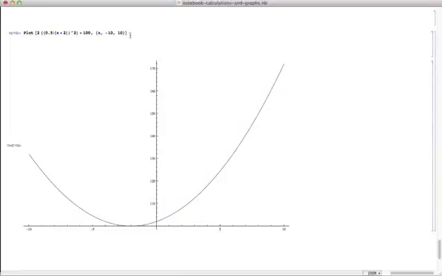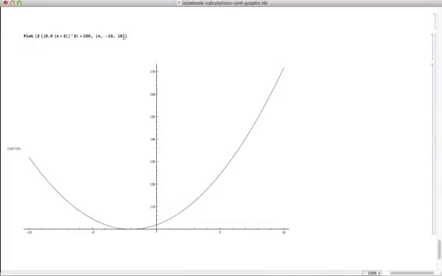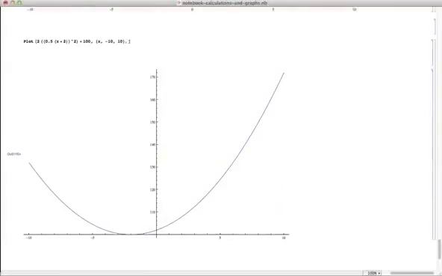Why is that the case? Because when I made the graph you saw over here, I had also put other commands inside the Plot function, other arguments, which I didn't here.